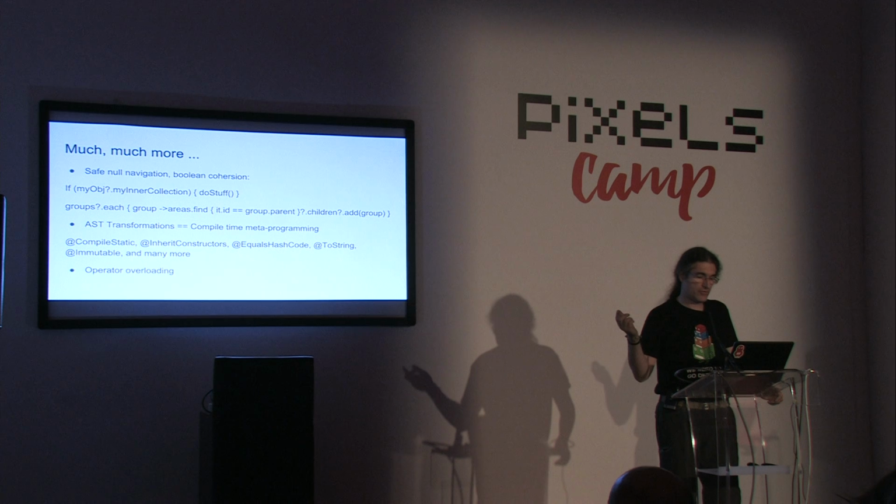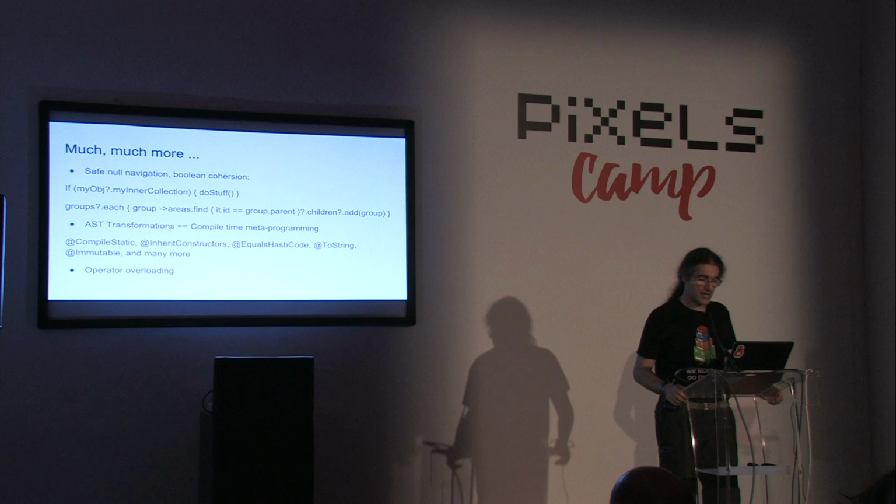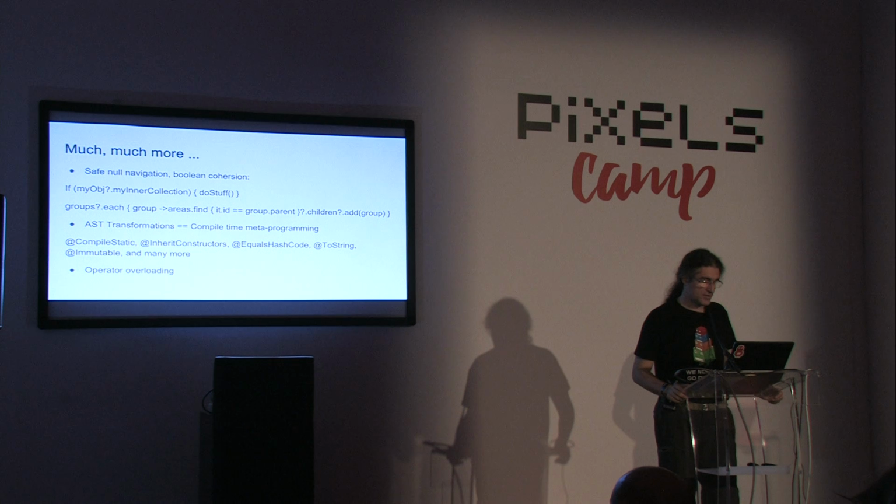You just annotate with EqualsAndHashCode, and it does it for you. It checks all your fields and methods, and builds a reasonable hash code from it. Also, if you annotate with ToString, it does a reasonable toString by getting all your fields and methods.